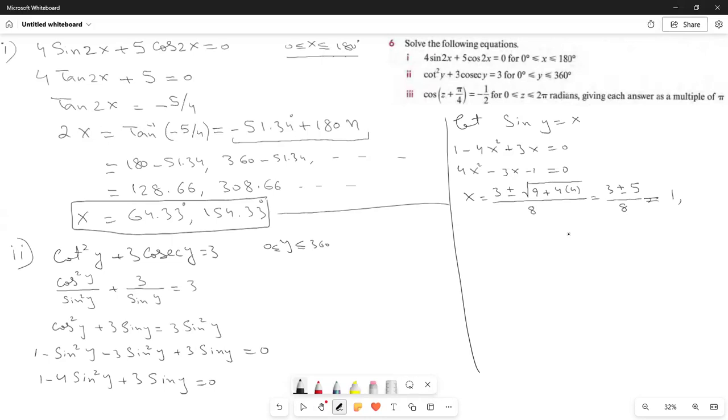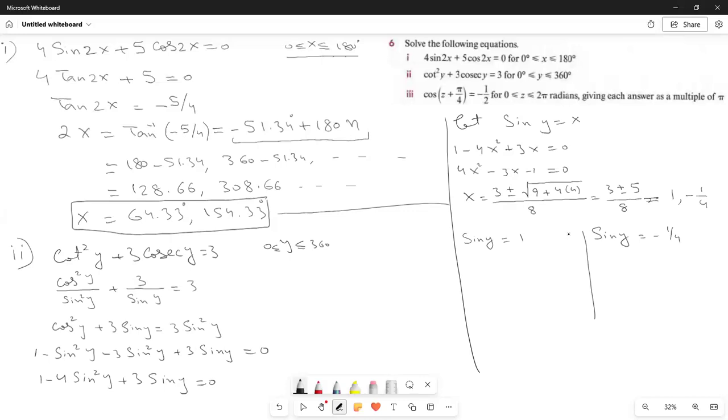And when you subtract, 3 minus 5 is minus 2 over 8, which is minus 1 by 4. So these are the two answers. And x is equal to sine y, so sine y is equal to 1 or sine y is equal to minus 1 by 4.